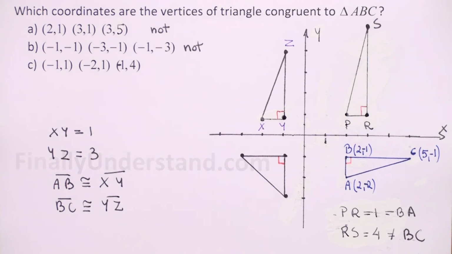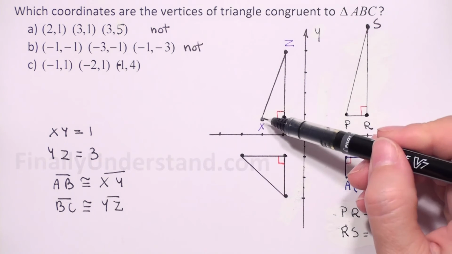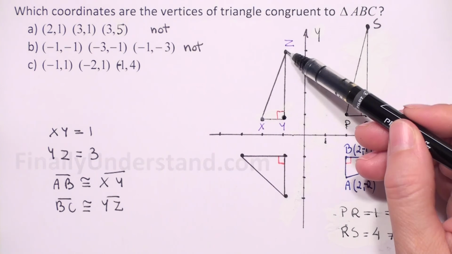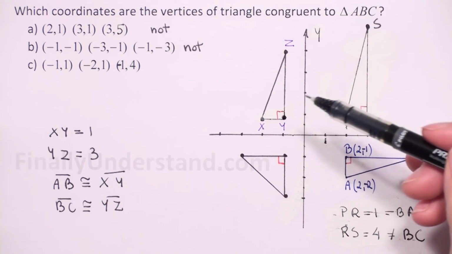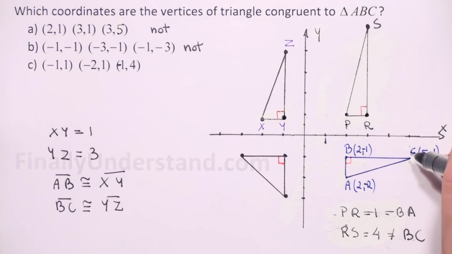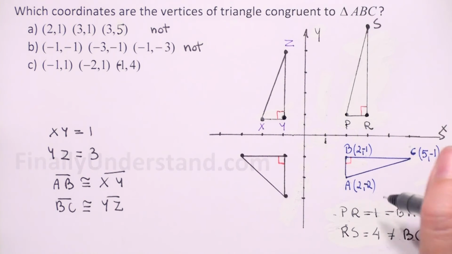What else? We have a right angle, so for sure the hypotenuse ZX will be equal to AC or CA, it doesn't matter.